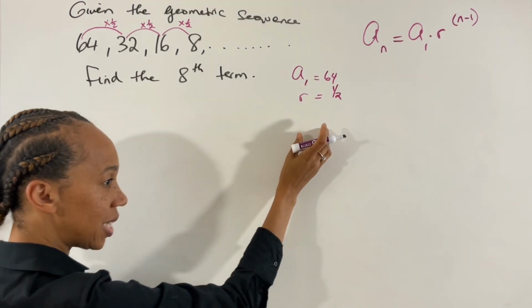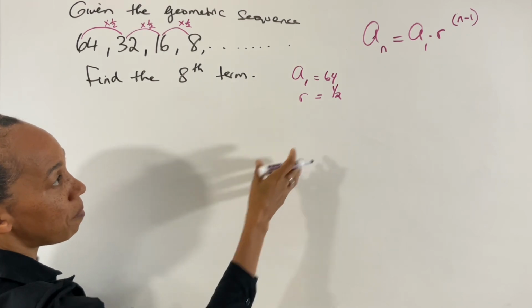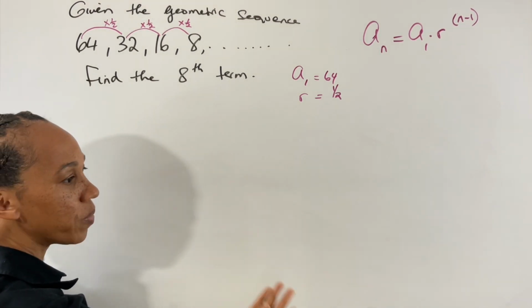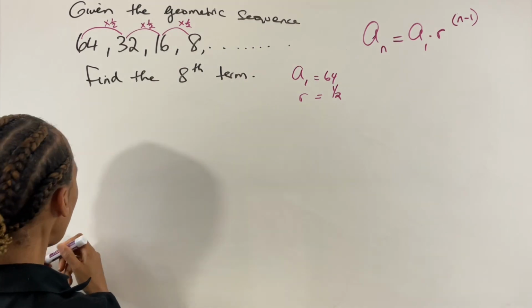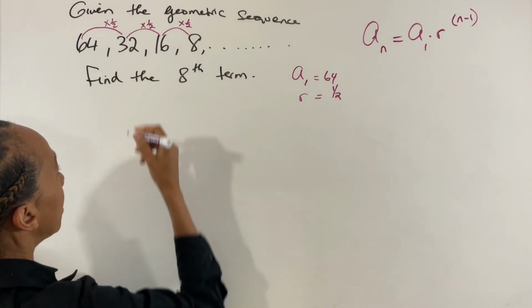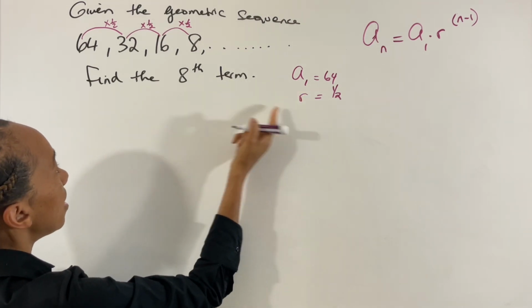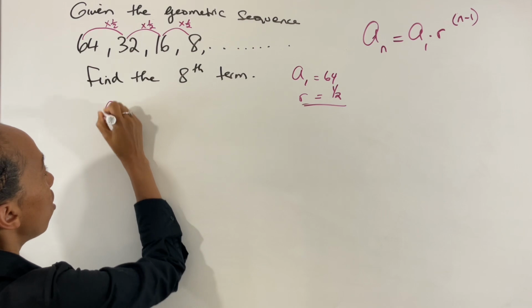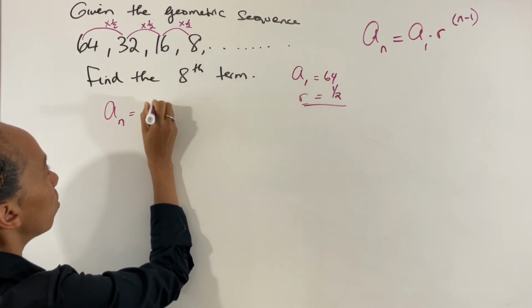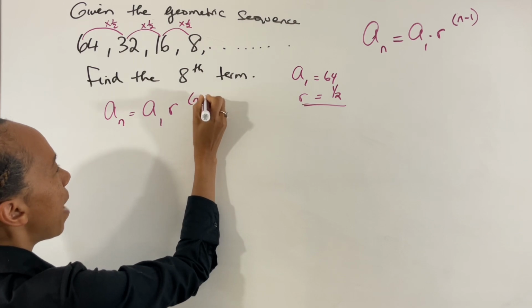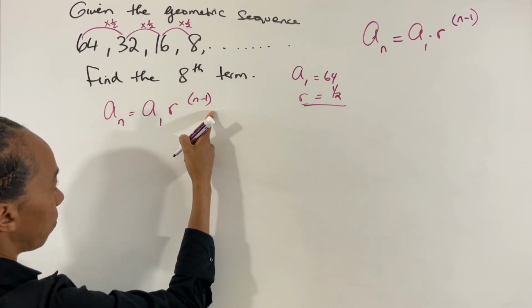And if you notice in this case, I'm dealing with a positive number. You can also deal with a negative number. All right? So just be careful there. All right, so then the next step now is that after you have identified this and found your r, you're going to rewrite your formula. a sub n is equal to a sub 1 times r to the n minus 1 power.